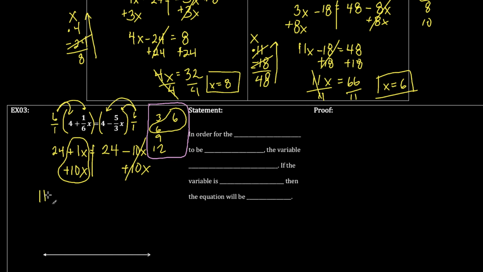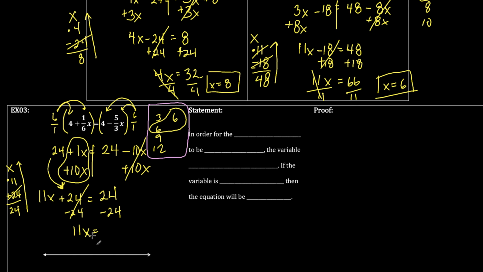So 11x, and that's a positive 24 equals 24. So we had x, we multiplied it by 11, we added 24, and we got 24. Inverse operations, minus 24, minus 24. 11x equals 24 minus 24 is 0.